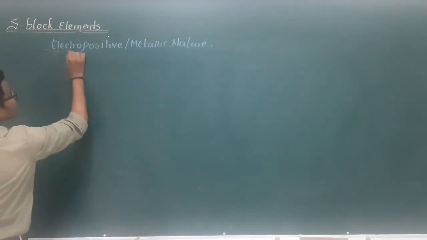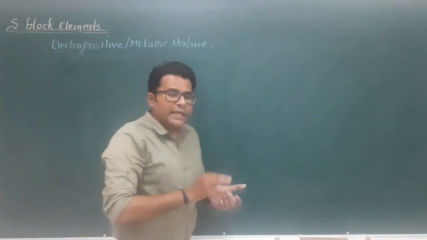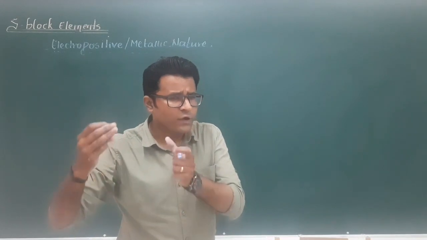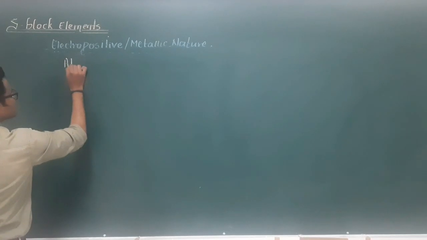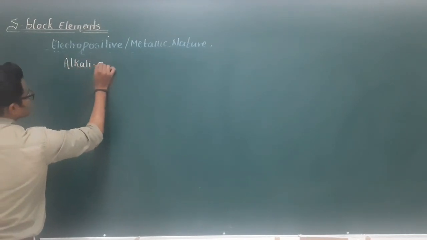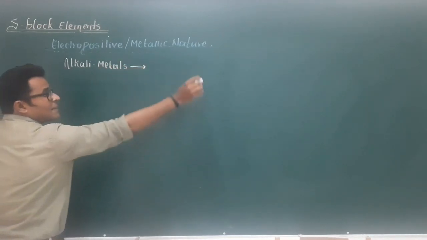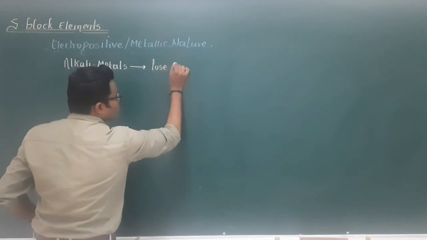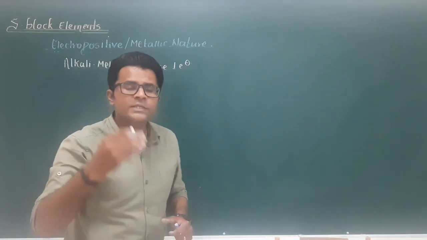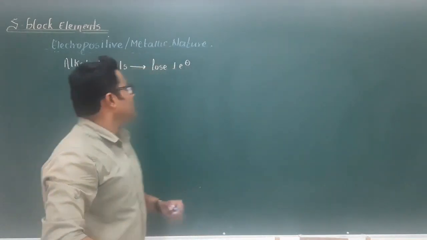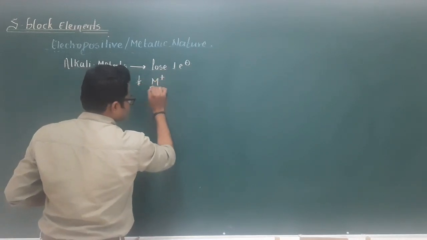When we are dealing with electropositive nature or metallic nature, it again always goes back to the electronic configuration. These alkali elements, or alkali metals, have a tendency to lose one electron, which is again a nature of metals, and they easily generate a monovalent ion.